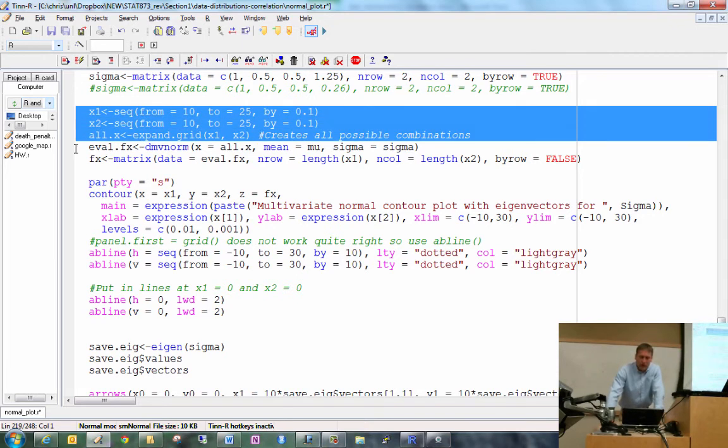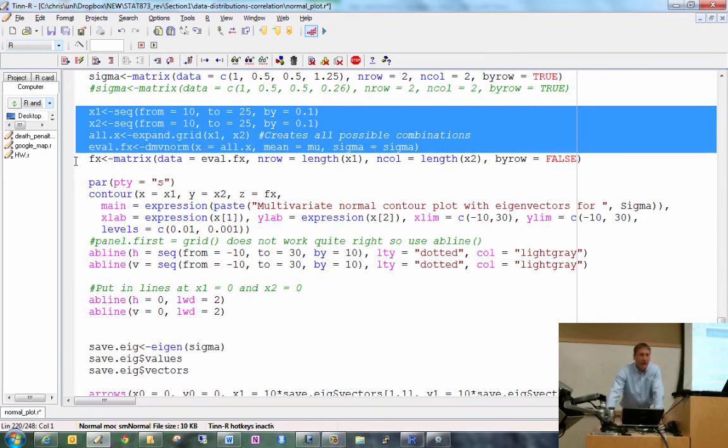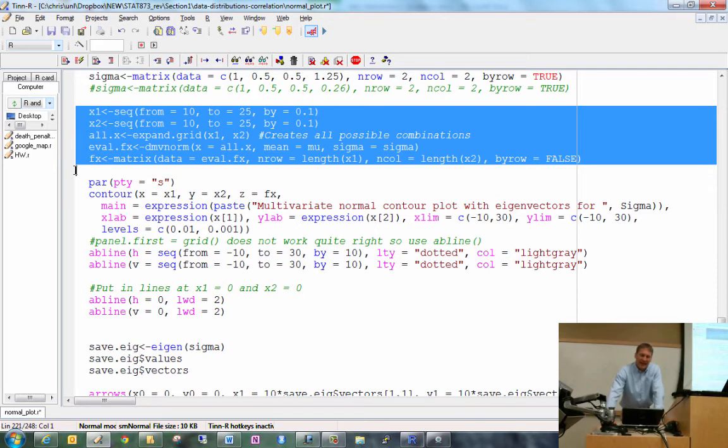I'm going to use the expand.grid function, which creates all possible combinations of x1 and x2. I use my dmvnorm function to evaluate f of x. Remember, the d there stands for density: density, multivariate, normal. I rearrange the eval.fx in a way so that my contour plot can be drawn correctly, so I use the matrix function to do that.